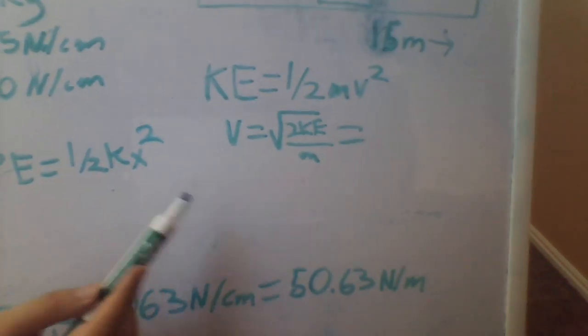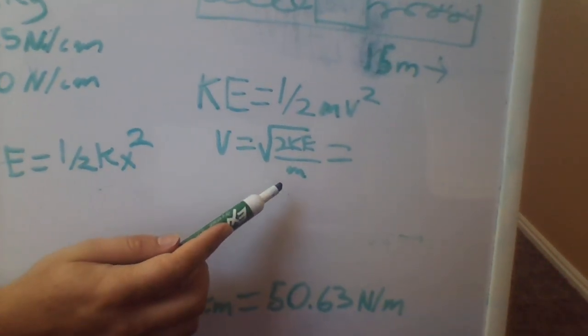When we solve for v, we get the square root of 2KE over m. And then we'll plug in.